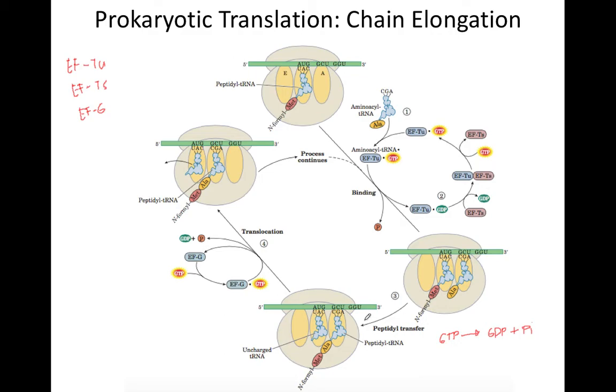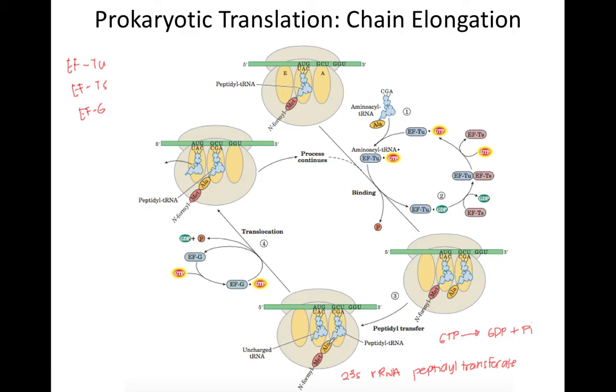The 23S rRNA found in your large ribosome acts as a peptidyl transferase because it transfers the amino acid from this tRNA towards this tRNA.